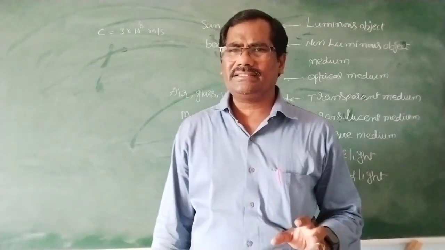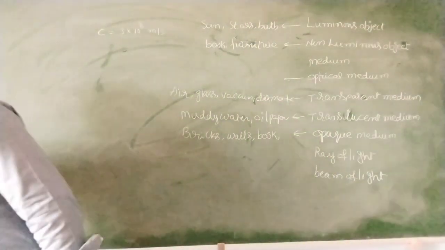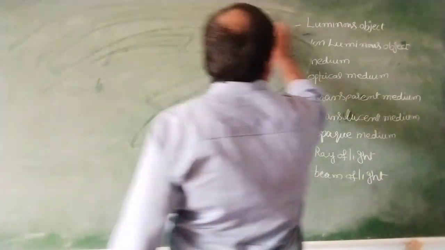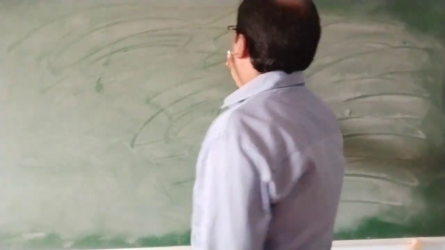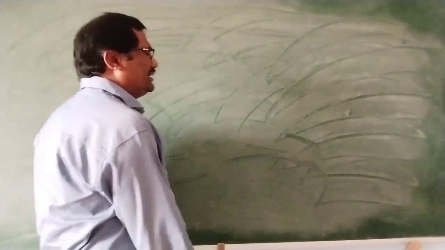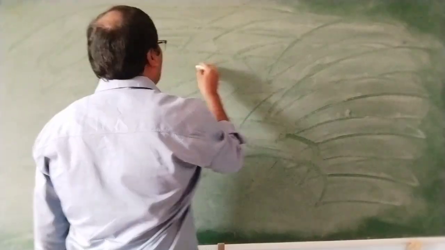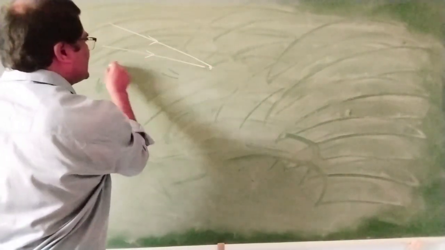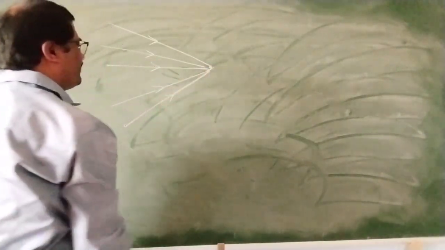Convergent means all the light rays converge. There are a number of rays, a bunch of rays.